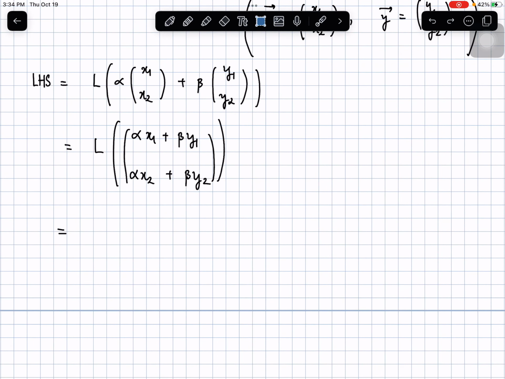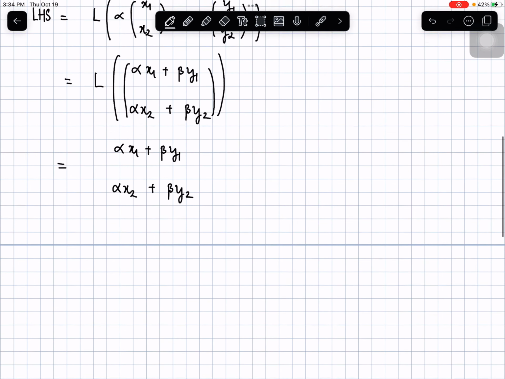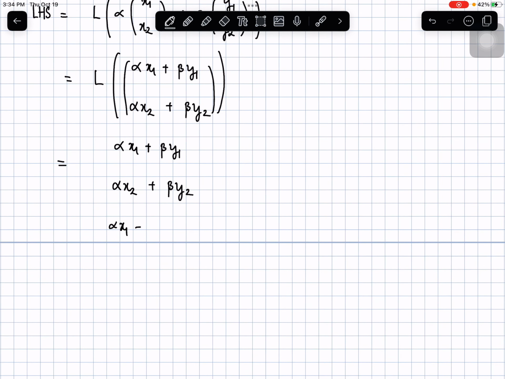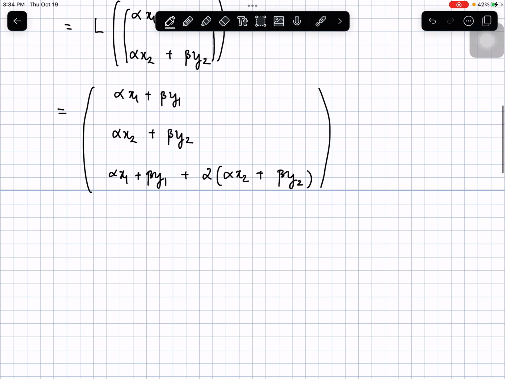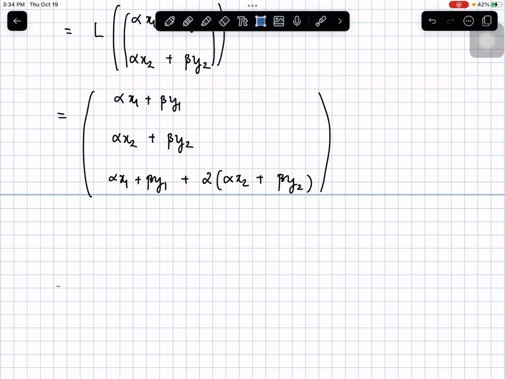So x1 is this, x2 is this, giving alpha x1 plus beta y1, alpha x2 plus beta y2, and so on. We can even stop here and compute the right hand side, and check whether they are the same or not. Let me do it one more step.